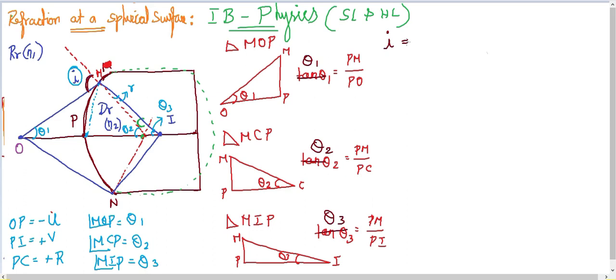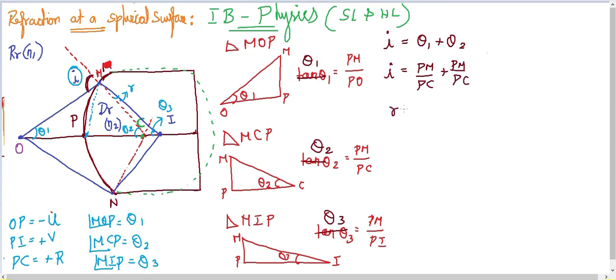Here the sum of the interior opposite angles is theta 1 plus theta 2. Okay. So I is equal to, what is theta 1? Theta 1 is PM divided by PO plus PM divided by PC.